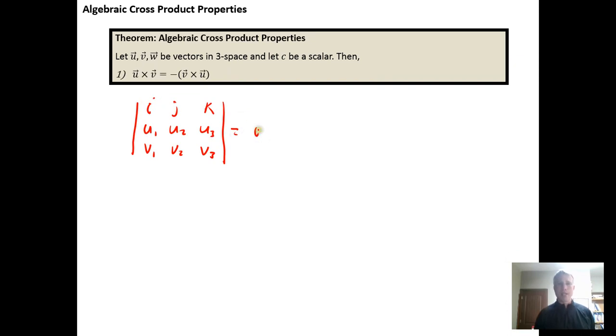It's going to be i times, we cross the row and column to go with i, and then we do u2 v3 minus u3 v2, and then it would be minus j, and then cross this column and this row, so we'd get u1 v3 minus u3 v1, plus, move to the k, cross this column and row, so it'd be u1 v2 minus u2 v1.